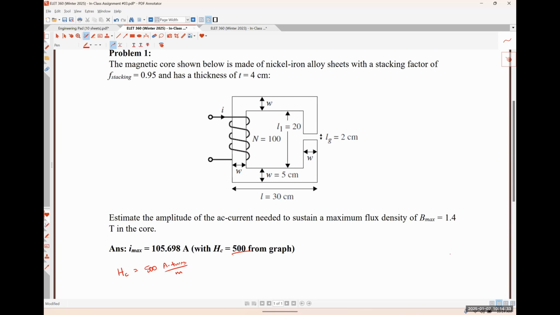So going back to those previous relationships, what were the relationships that we were using before the break? We had our Ohm's law, MMF, which was the same thing as NI, if I'm remembering correctly, right?